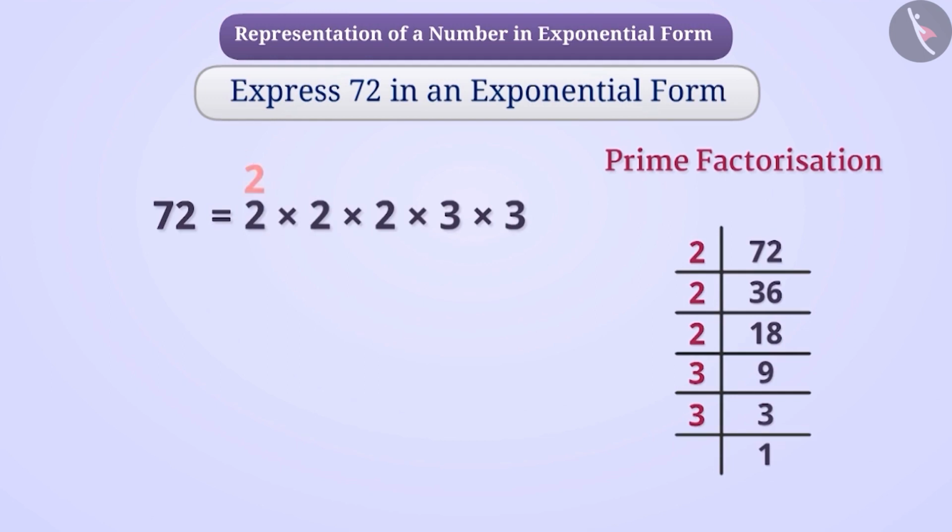Here the number 2 is repeated 3 times, so we can express it as 2 raised to the power of 3. Similarly, number 3 is repeated 2 times, so we can express it as 3 raised to the power of 2. With this, we can now say that 72 is equal to 2 raised to the power of 3 multiplied by 3 raised to the power of 2.